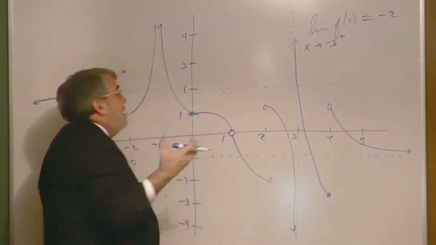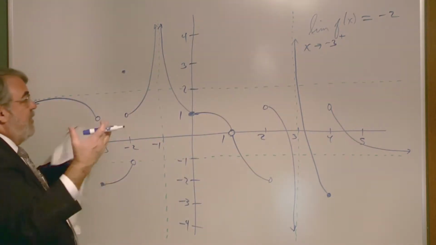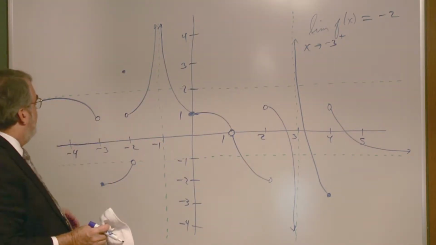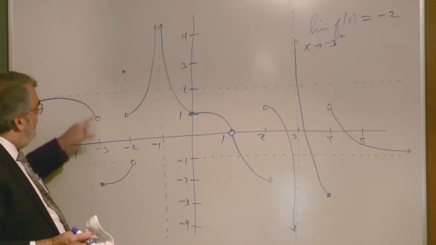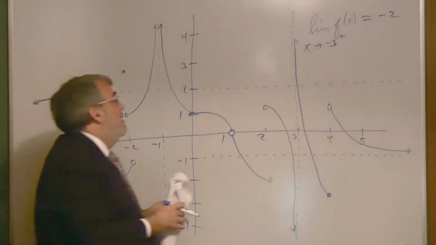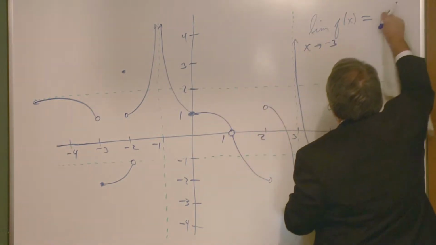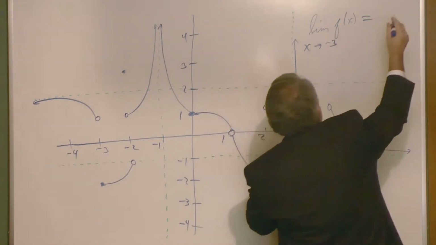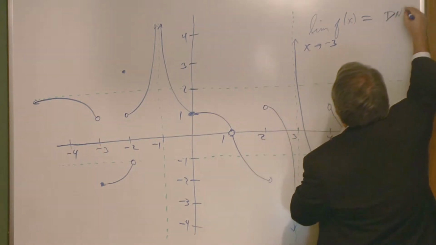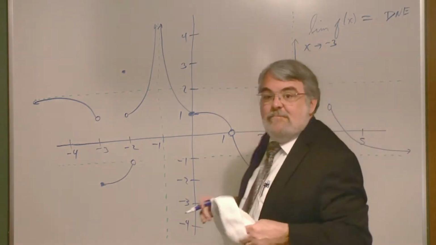And what would happen if you just wrote, what's the limit as x approaches negative 3? Well, it has 2 different answers, so it would not exist. If I don't specify left or right side, if it's a 2-sided limit, then that would be: does not exist. Okay.